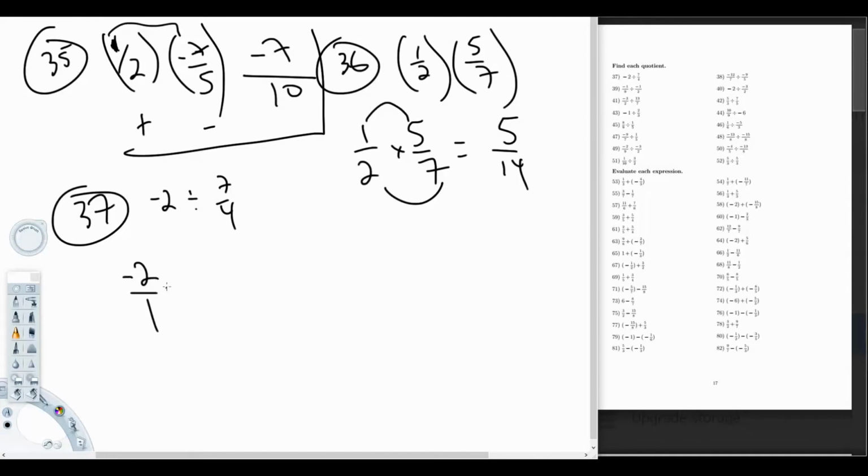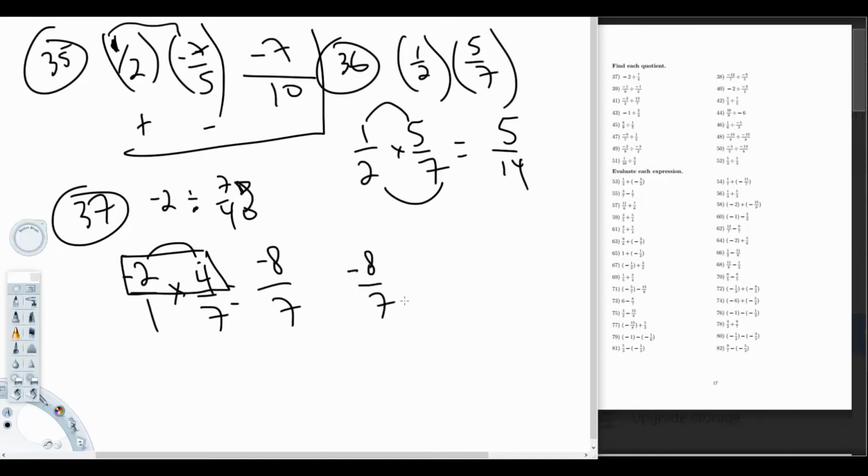Since there's division here, we multiply by the opposite, which is 4 over 7. And then we just do the multiplication. Can we divide these two by 2? No, we can't, because it's two numerators. We need a numerator and a denominator to reduce that. So it's negative 2 times 4 equals negative 8, over 1 times 7 equals 7. So the answer is negative 8 over 7. You see how we did that?